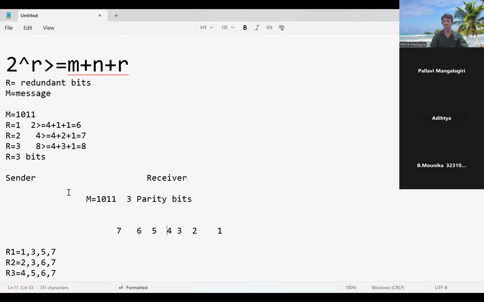Position 1 is parity bit P1, so I add P1 here. At position 2, I add parity bit P2. And the next, position 4, I add parity bit P3. So I'm going to add all the bits. What is the message? 1, 0, 1.